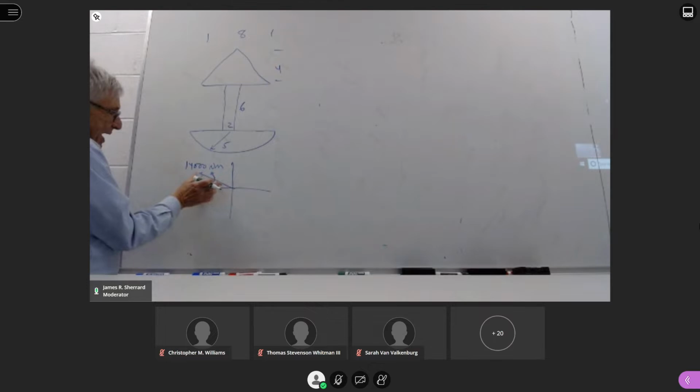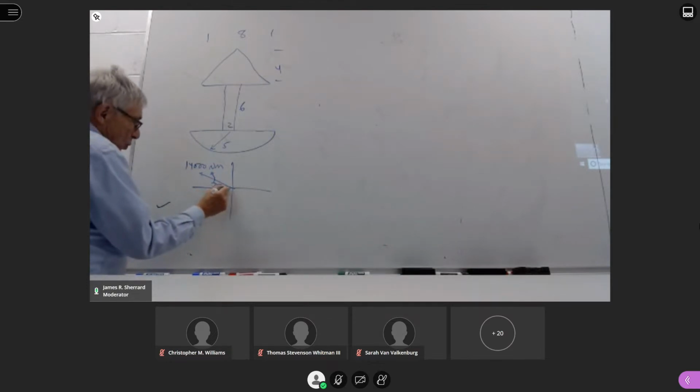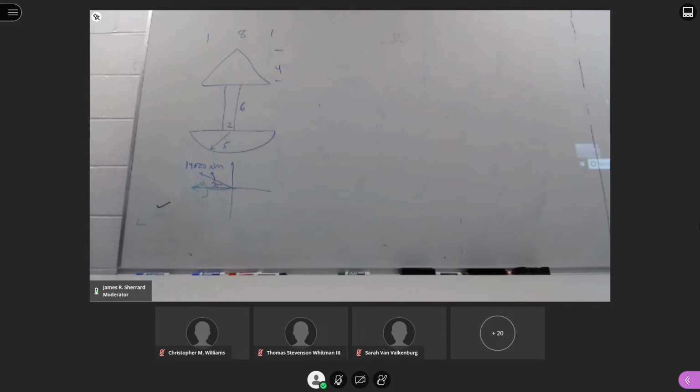So if I look at this, I can make this vector be one that goes in that direction. And if I do, looking at this 35 degrees, the magnitude of this vector is 14,000 times the cosine of 35 Newton meters.